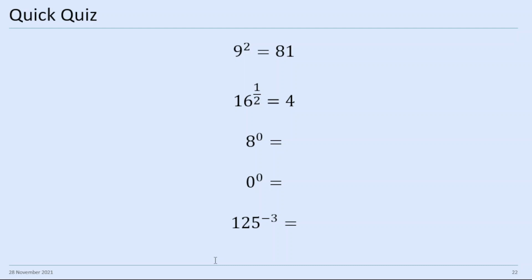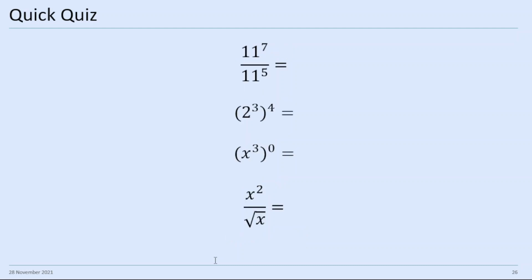Could be 4, could be minus 4. 8 to the 0 is 1. Feel free to pause the video if you want more time. 0 to the 0, we don't know what 0 to the 0 is. It's undefined. 125 to the minus 1/3 means 1 over the cube root of 125, which is 5. Because 5 times 5 is 25, times 5 again, you get 125.